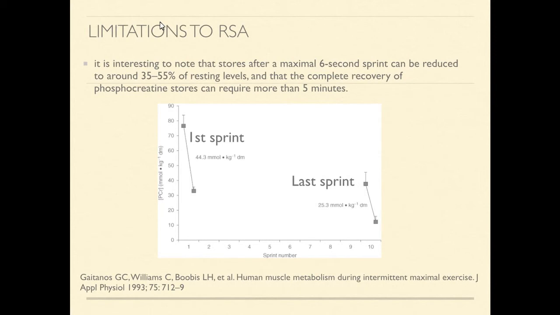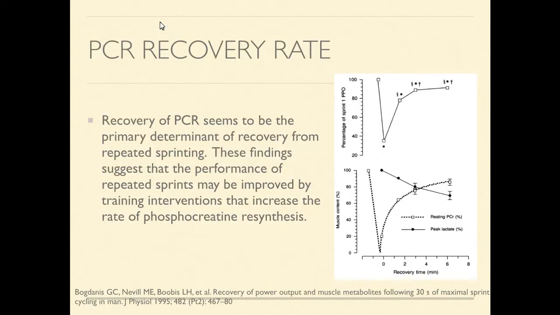And of course, PCR goes down. So phosphocreatine levels, you see the first sprint from beginning to the end of that sprint, you see phosphocreatine goes down. But the last sprint, you're starting at much lower levels, like 50% of levels, and it goes down. So that's very, very important, because remember, phosphocreatine is critical for repeated sprint ability.